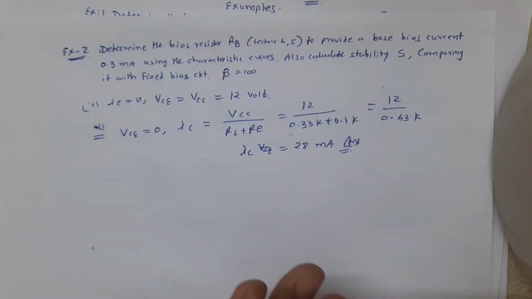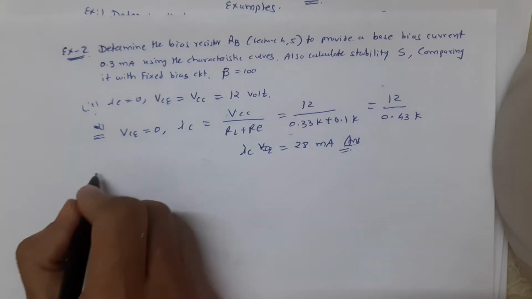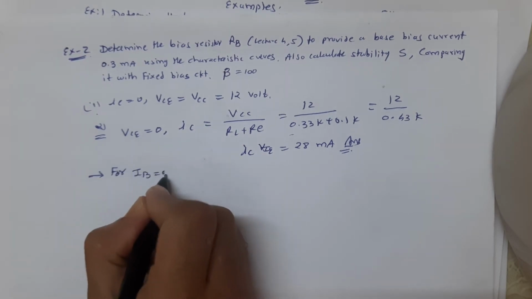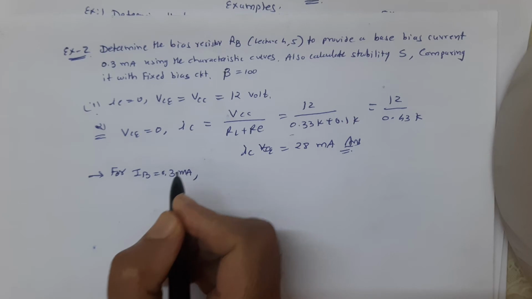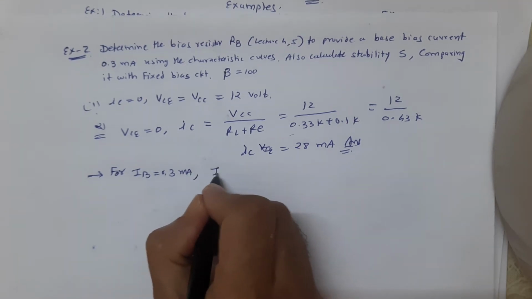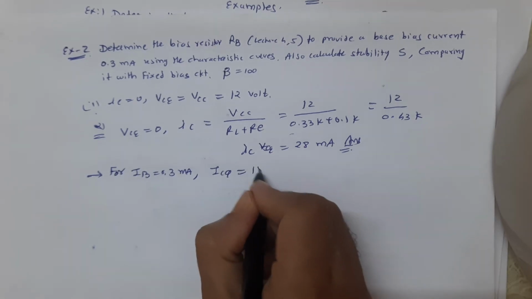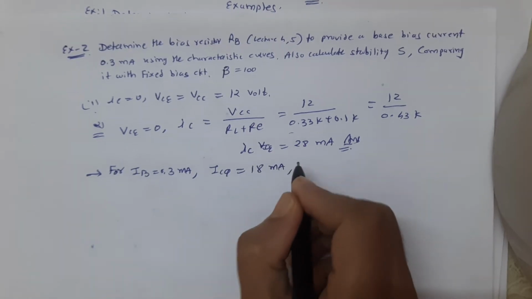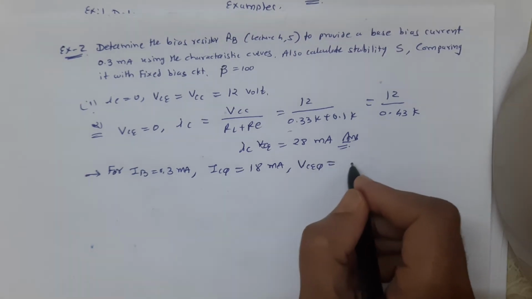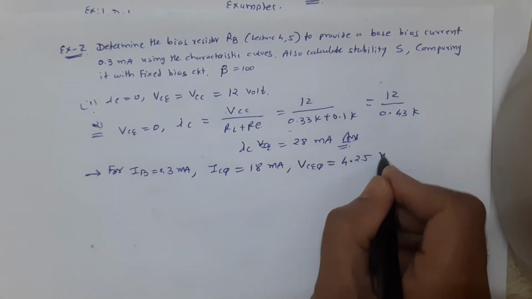Now for IB equal to 0.3 milliampere, ICQ is equal to 18 milliampere, VCEQ is equal to 4.25 volt.